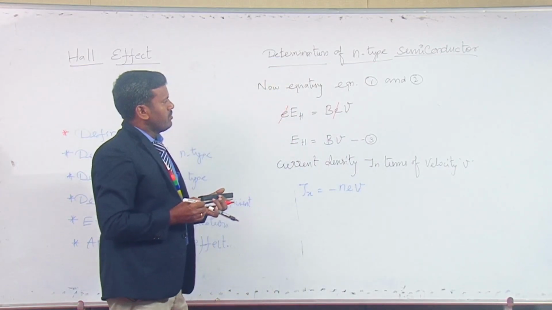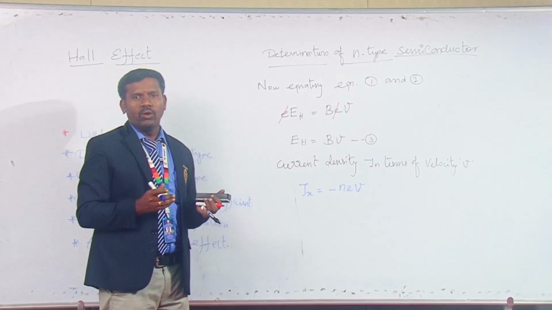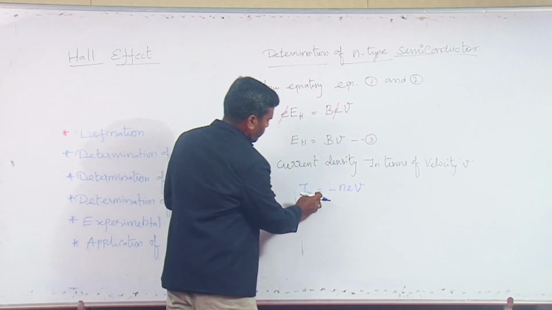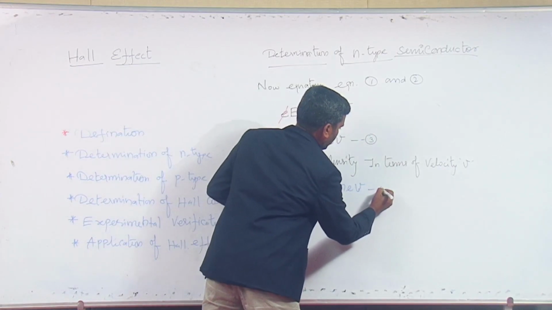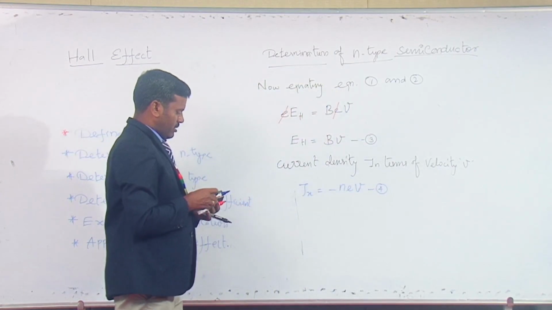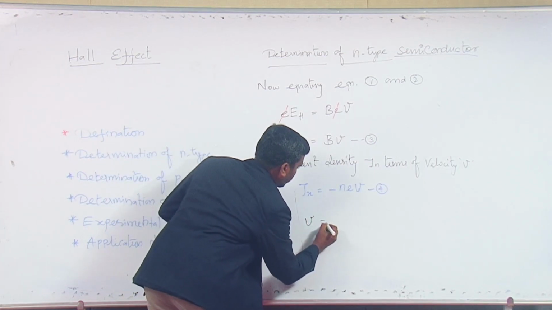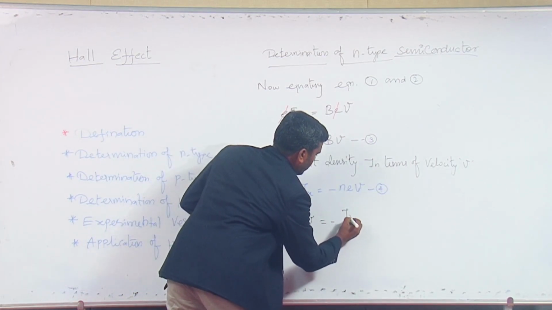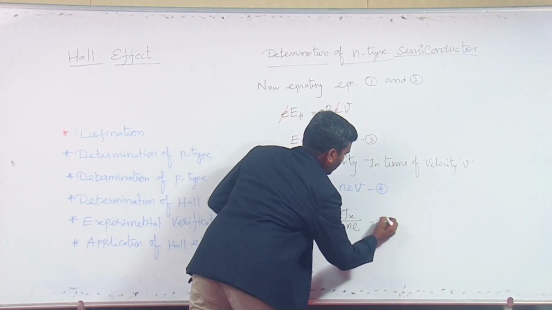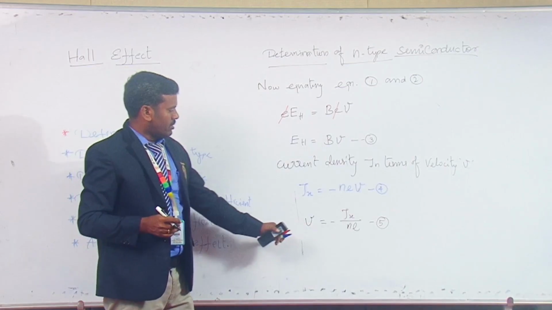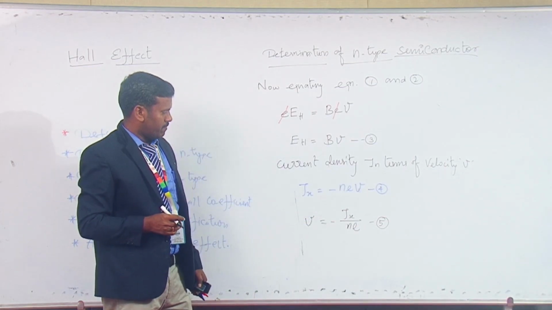The minus indicates the electrons move towards the negative y direction. This is equation number 4. From this equation you can write the velocity v is equal to minus Jx by ne. This is equation number 5.